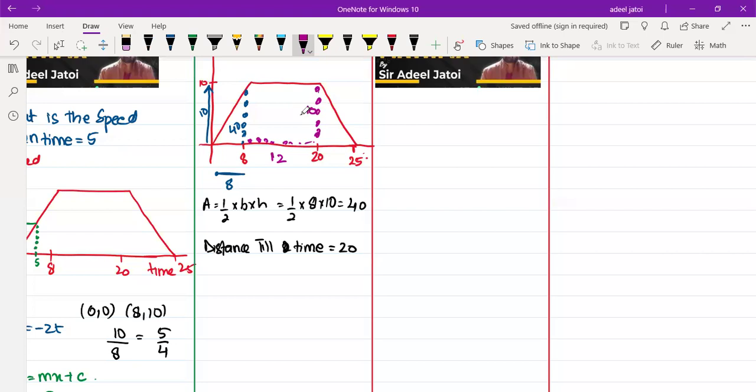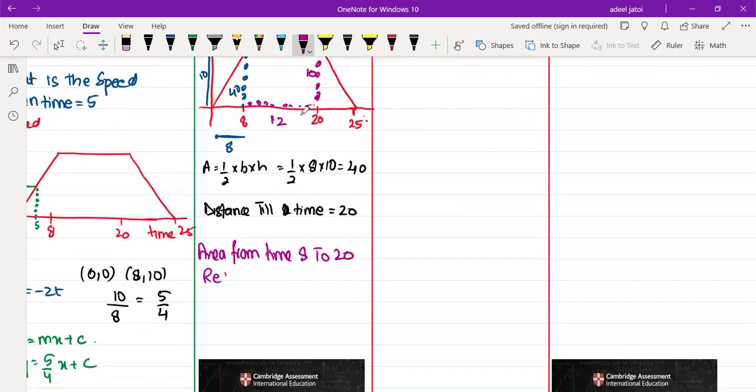So that means the area from time 8 to 20 is a rectangle, L into B, which is 12 into 10, 120.